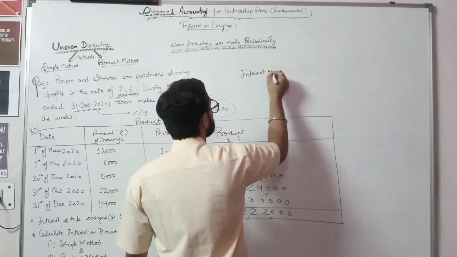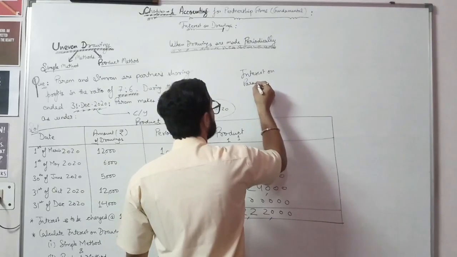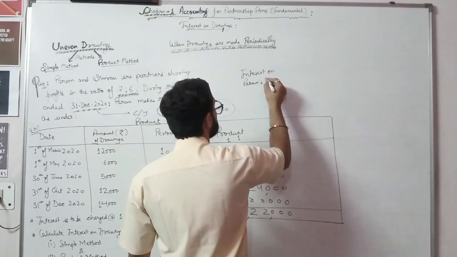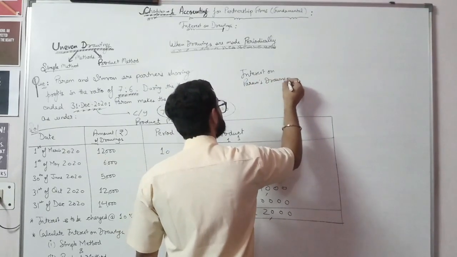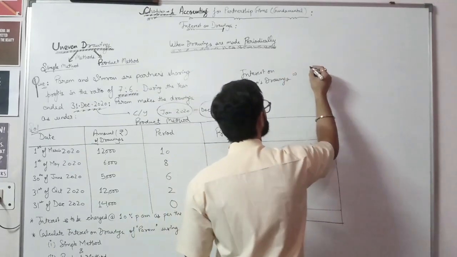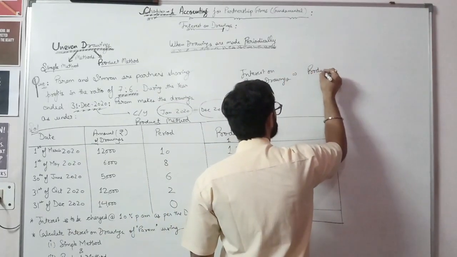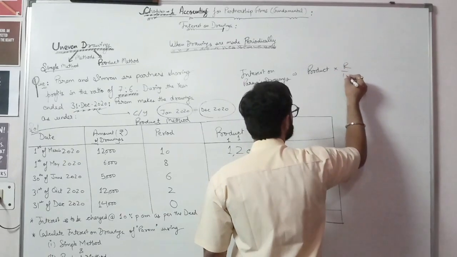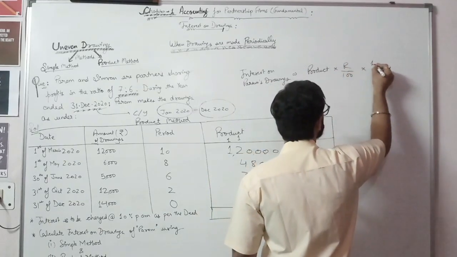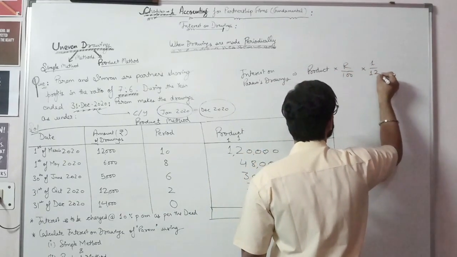Now in this case there is a slight change in the formula. Interest on Param's drawing equals product into rate upon 100 into 1 upon 12.